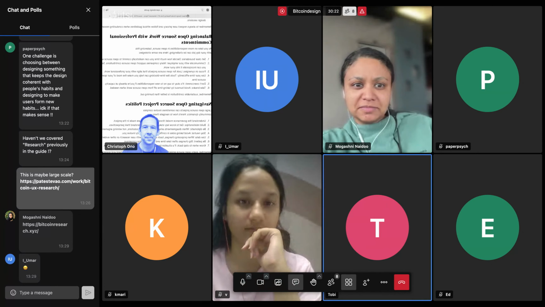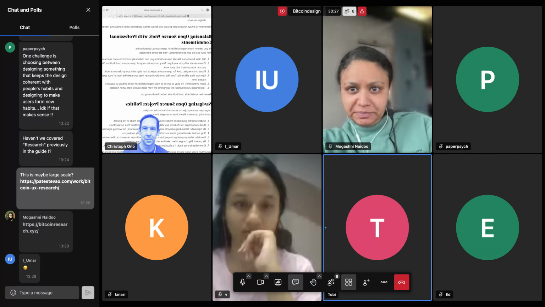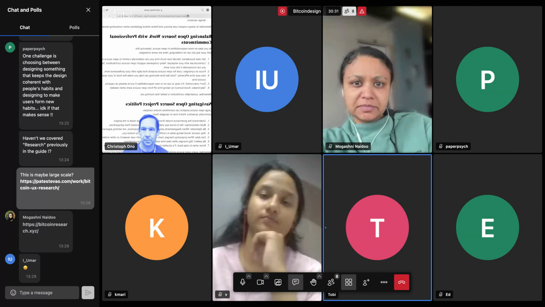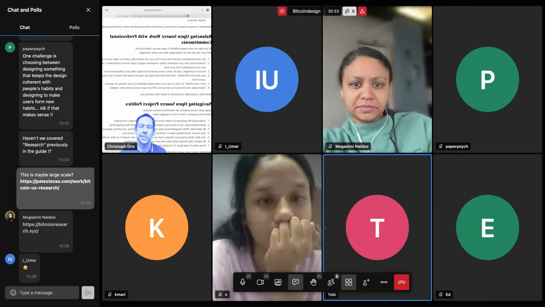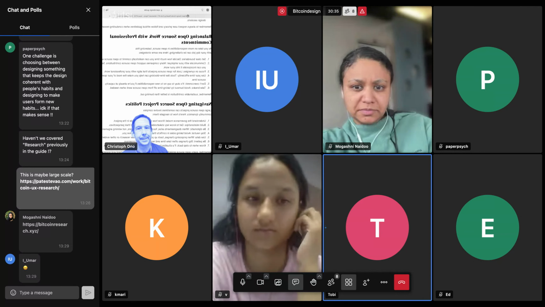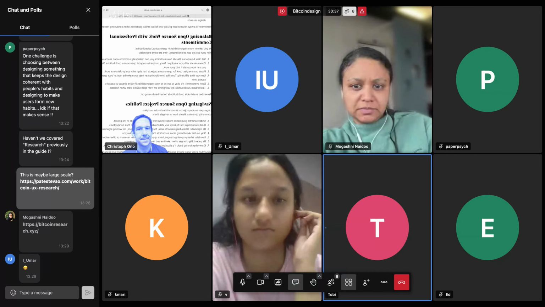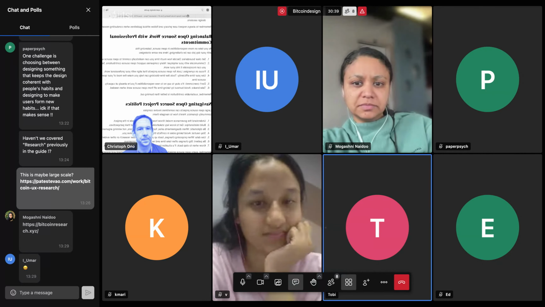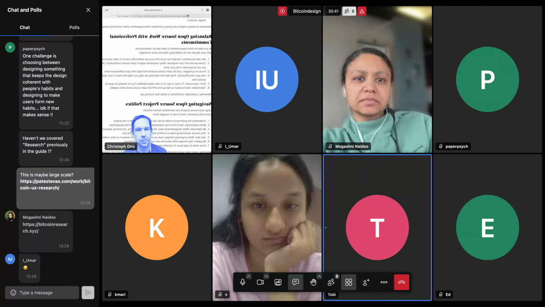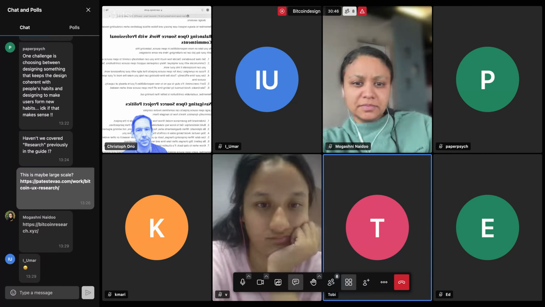Okay, which is balancing open source work with professional commitments. As you take on more responsibilities in open source, balancing this with your day job can be challenging. Here are some strategies. One, set clear boundaries. Decide how much time you can realistically commit to open source work. Two, communicate with your employer. Many companies support open source contributions. See if you can incorporate it into your work. Three, focus on synergies.